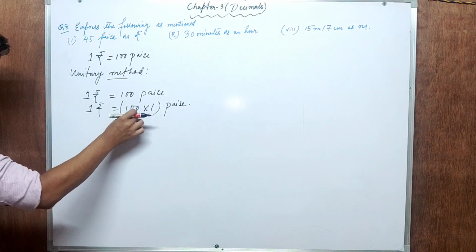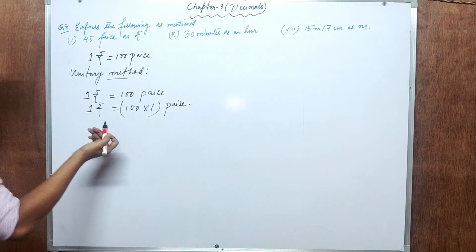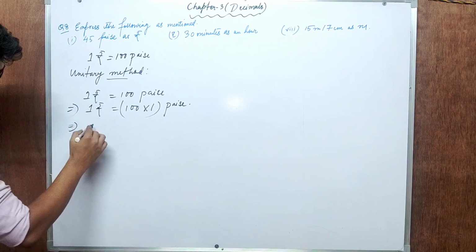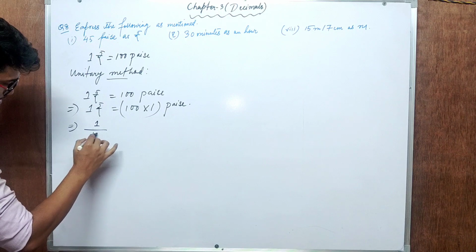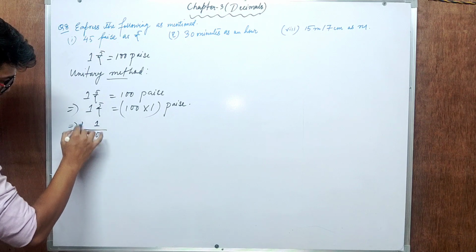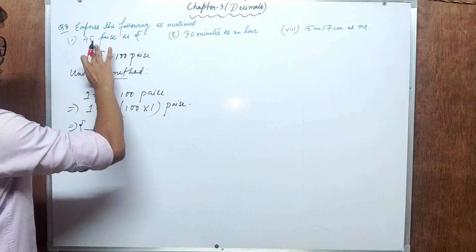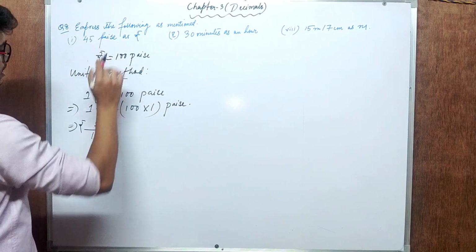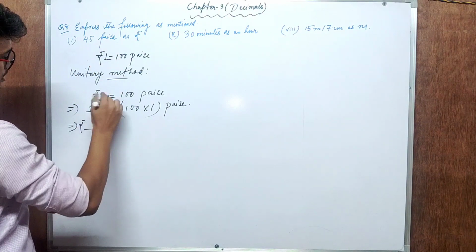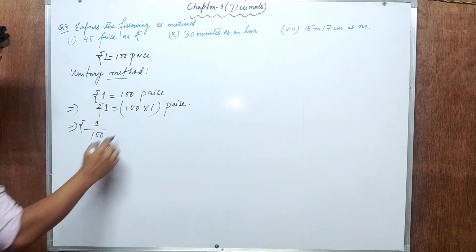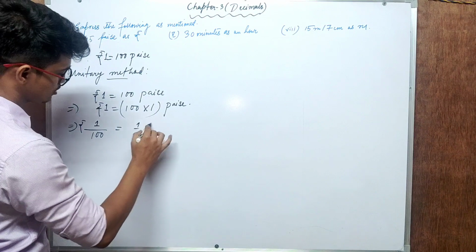So when 100 goes to the other side, what do we get? Rupee 1 by 100 equals 1 paise.